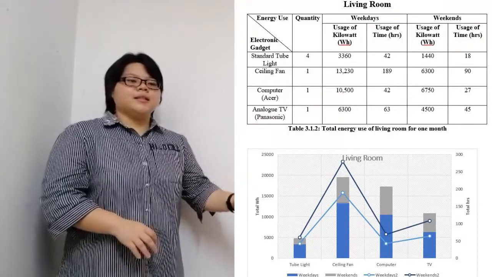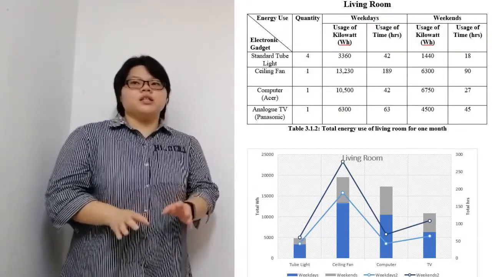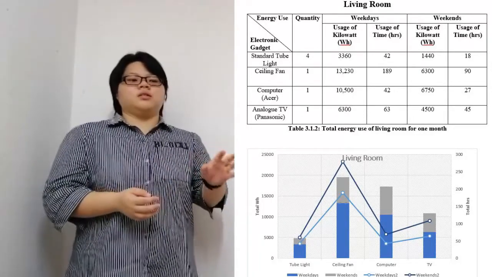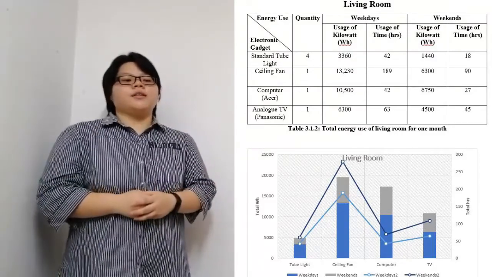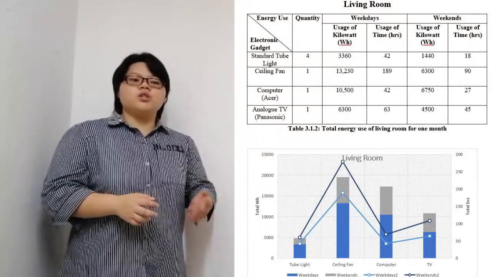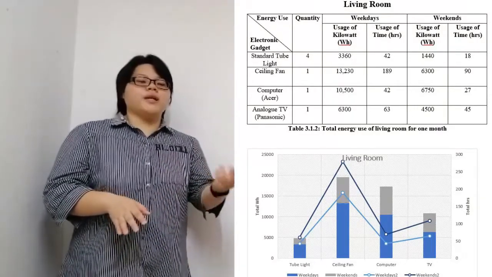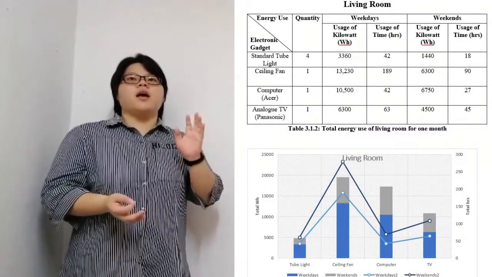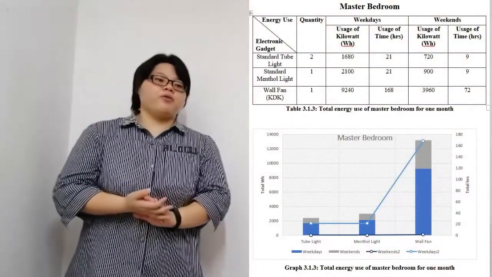For the weekends, the highest energy use of watt is the computer, which is 6,750 watt hour, while the highest usage of time is the ceiling fan, which is 90 hours. Besides that, the lowest energy use of living room is the tube light for both weekdays and weekends, which is 4,800 watt hours.